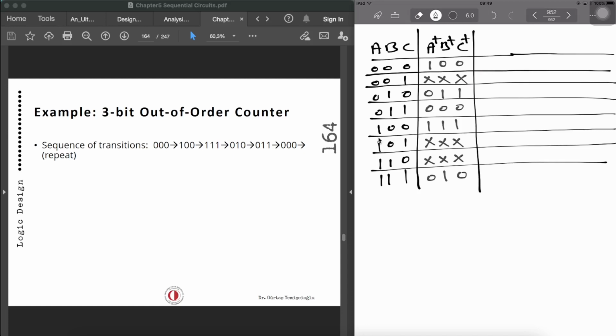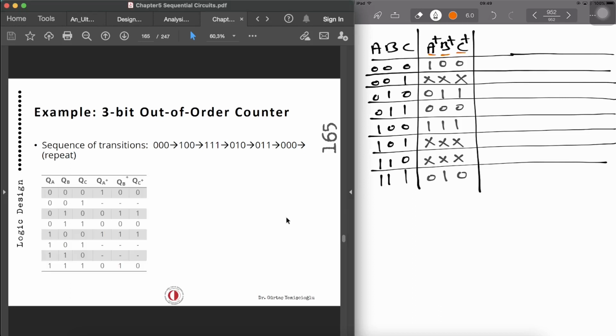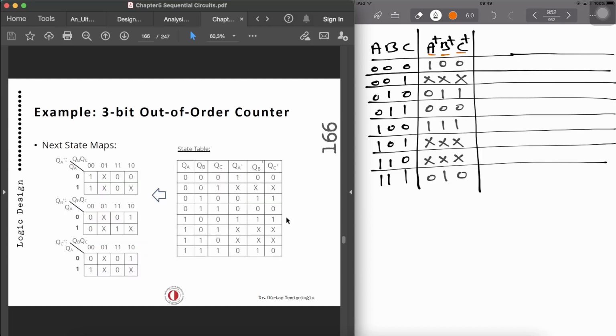Now, when we want to implement these, as it didn't specify, we can again use the D-type flip-flop. We just need to take each of the next states as equal to the flip-flop inputs, and we can just generate the K-maps and find it out. But rather than doing that, I'll use JK, but from the slides, let's go through the D-type flip-flop implementation.